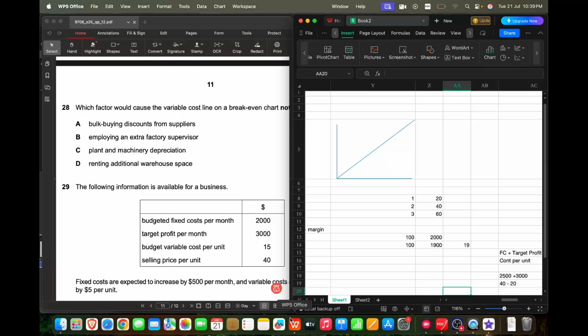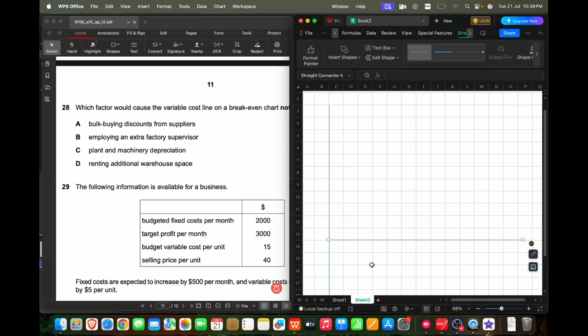To explain this, I'll take you to a different sheet. If you look at here, let's say before the discount, this is what we are receiving, in a very proportional manner. So this is 20. If you make 1 unit, you pay 20. If you make 2 units, you pay another 20, and then 20 and 20 and 20 and so on.